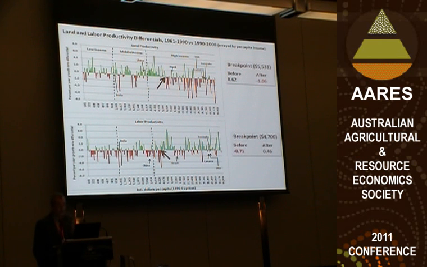And at $4,700 per capita, you get the reverse result: the countries at the higher end of the spectrum in per capita income have higher rates of labour productivity, so they're still flushing labour out of agriculture relative to the countries before the breakpoint. So the point to note here is that these means and medians and so forth are useful for summary statistics, but perhaps not particularly meaningful for understanding the more general nature of productivity performance worldwide.